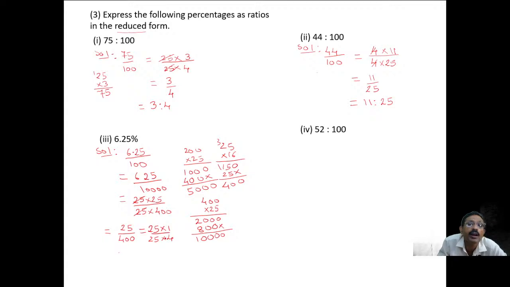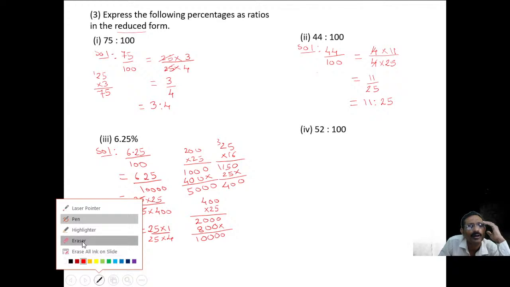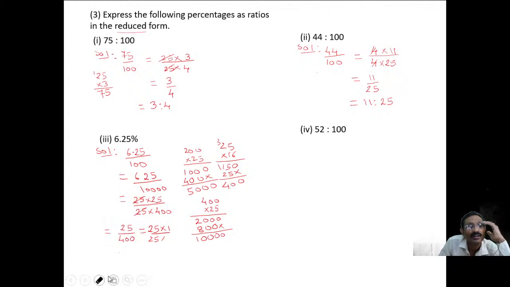25 into 4, it is 25 into what? It is 25 into 16. 25 into 16, and 25 into 1 in the numerator.